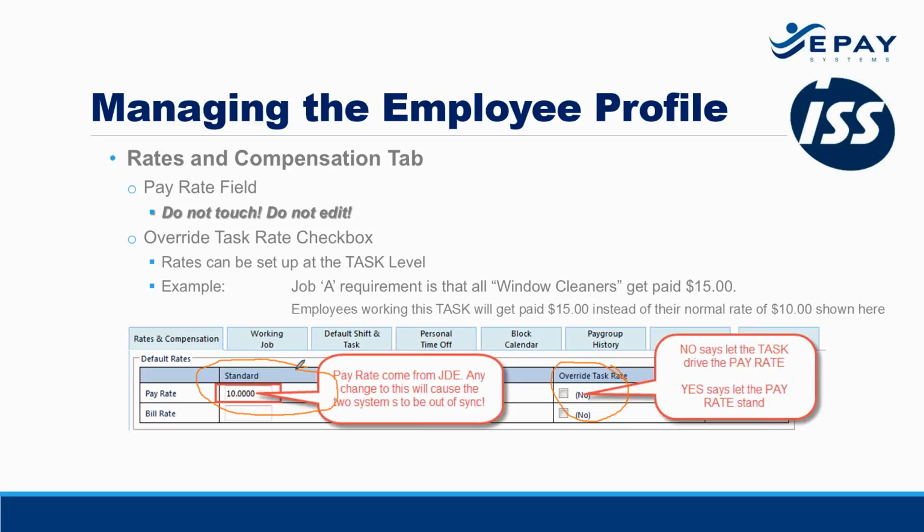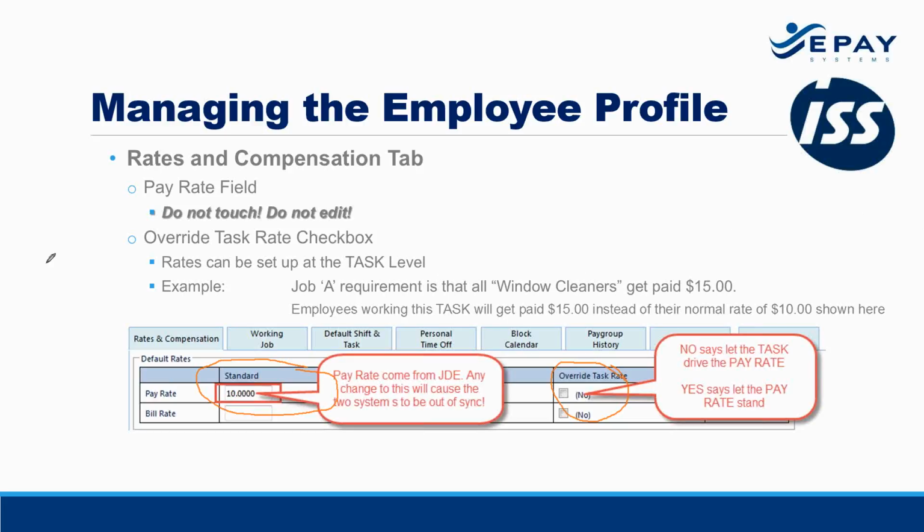So all employees right now, unless we've had this discussion between the ePay team and one of your sites, every employee is unchecked at this current time, meaning that whatever rate is assigned to the task they work in the system, they actually will get paid that particular rate.